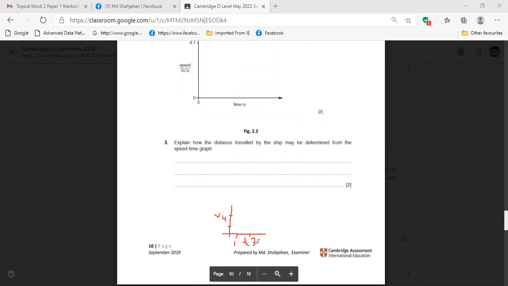I'm moving this time label from here so as not to cause any confusion.